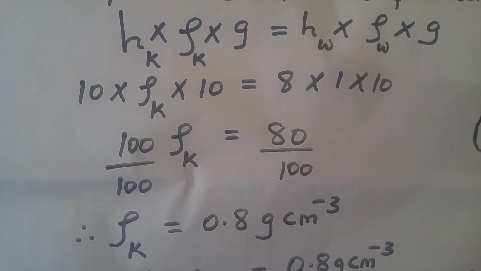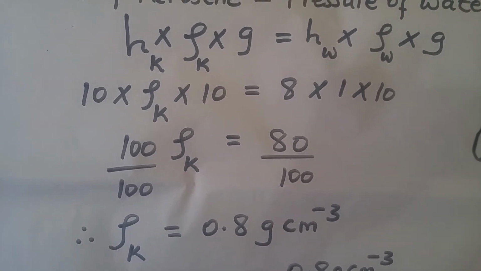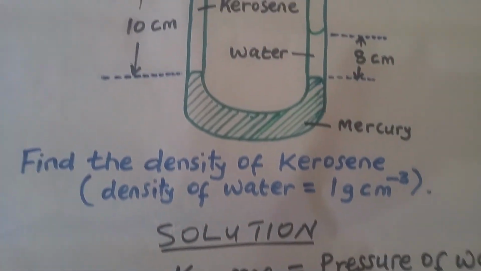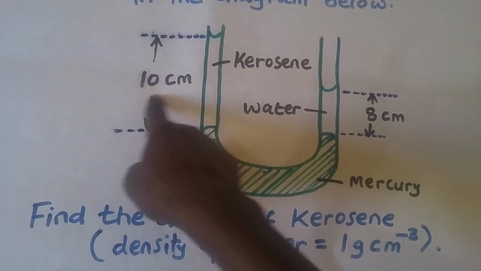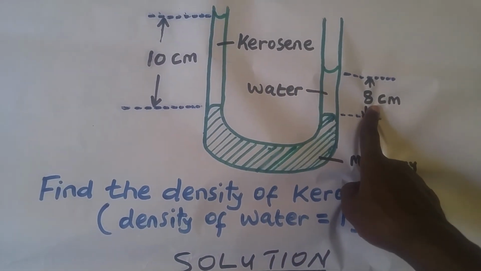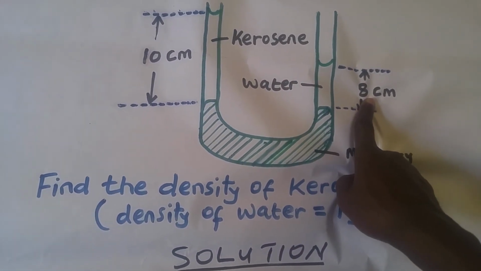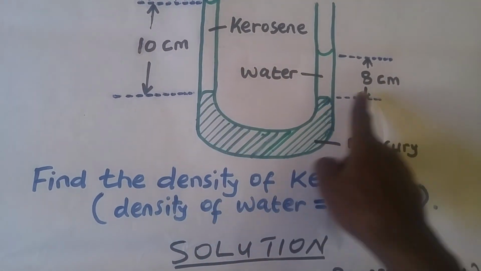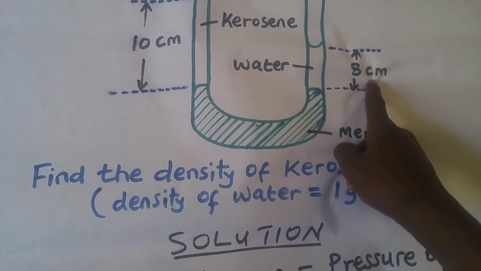Now, my question is, what is going to be the unit for density of kerosene? You see? Let's go back to the diagram. If the heights are the same, centimeters, centimeters, you can decide to change them to meters or just leave them in centimeters. After all, this one is in centimeters, this one is in centimeters. So what does that mean?